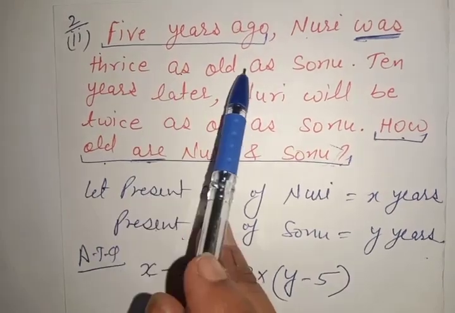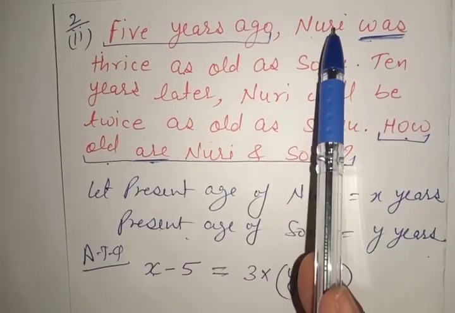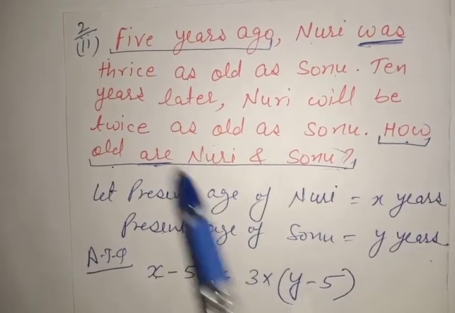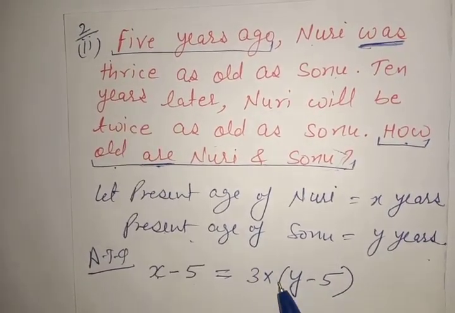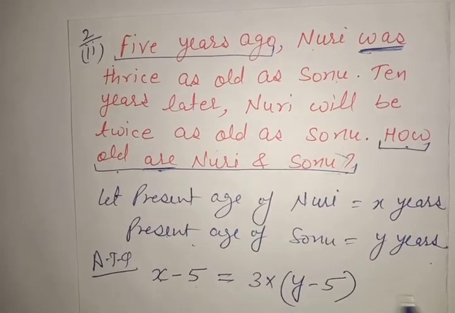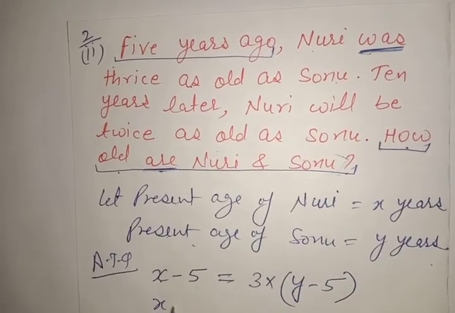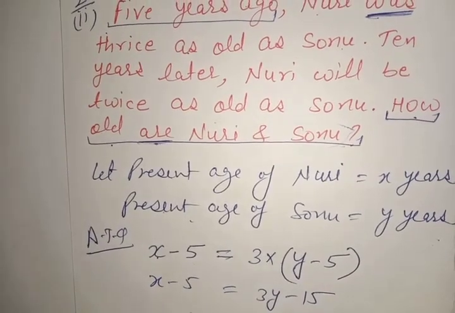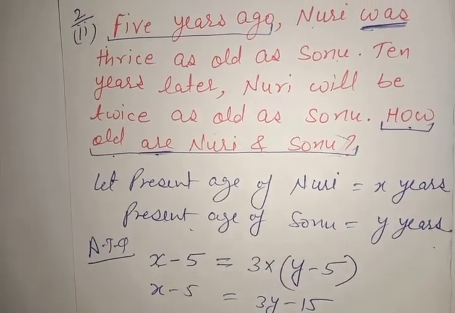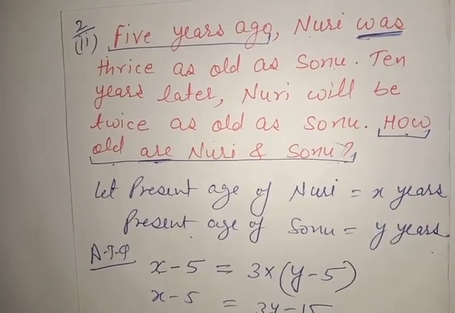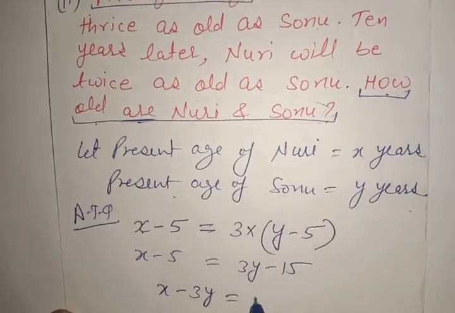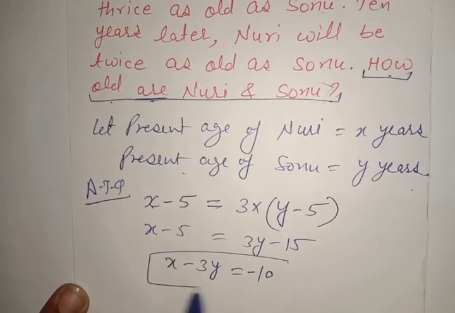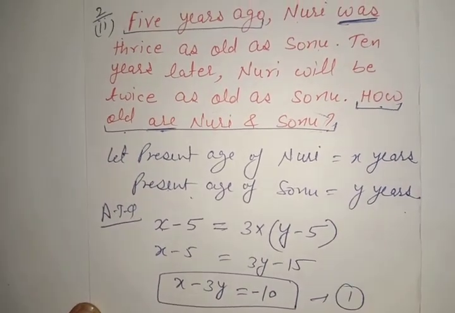Thrice as old as Sonu. I repeat, Noori x minus 5 was equal, thrice is 3 times Sonu is y minus 5. So this is x minus 5 is equals to 3y minus 15, and this equation will become, after transposing, x minus 3y is equals to minus 10. So this is the first equation.